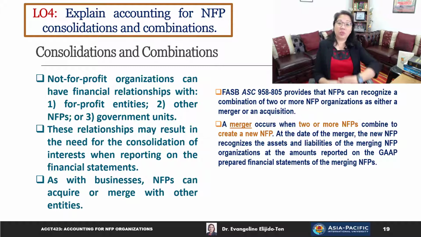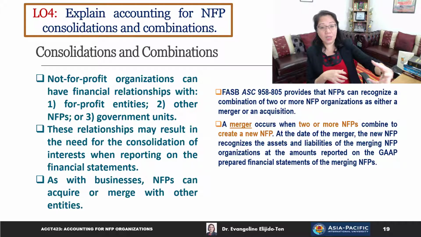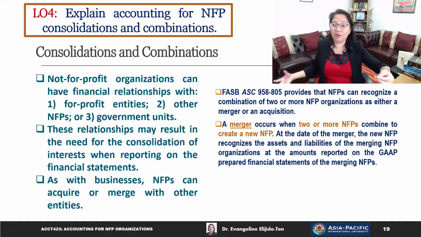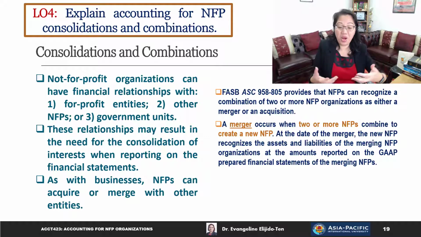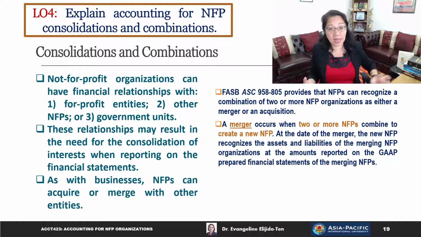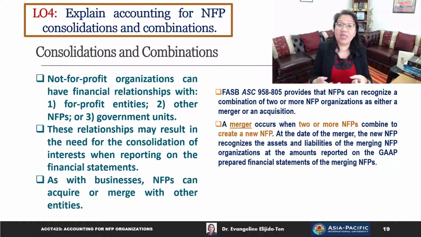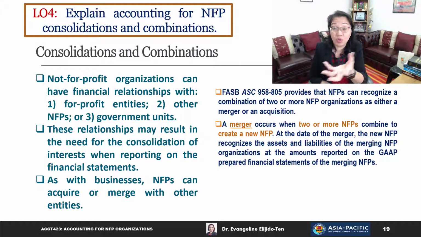So for example, you've got the Helping Hand and the Feeding America merge. Whatever assets and liabilities Helping Hand and the Feeding America have will be combined together, and they will be known as another or new NFP. For example, they will just be known as America's Help, let's just say.